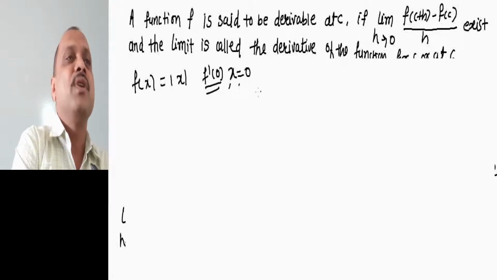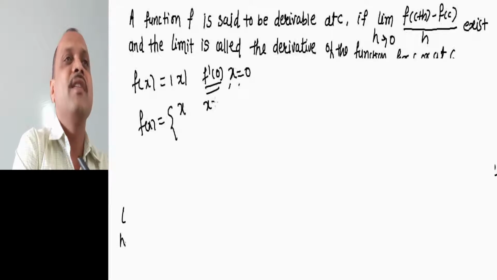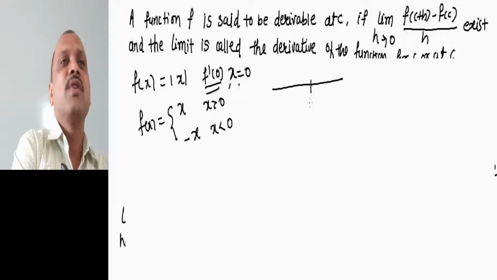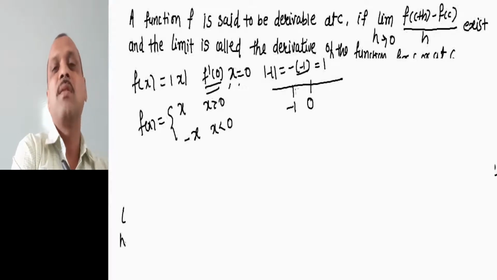Now friend, we know that this function has two values, f of x equal to x when x is greater than 0 and minus x when x is less than 0. So whenever x has the value minus 1, then the modulus value is written as minus of minus 1, which gives us plus 1.